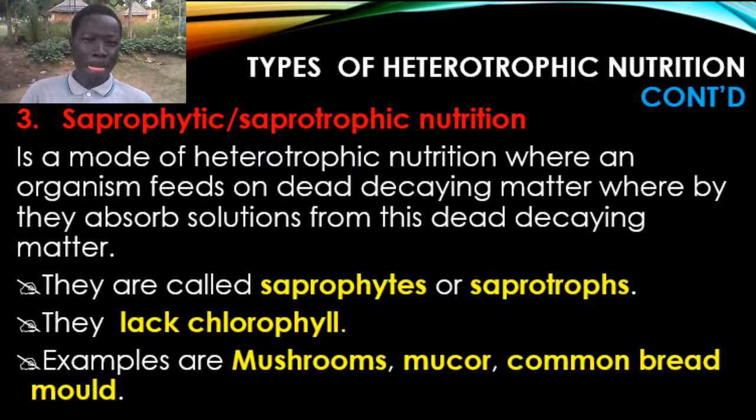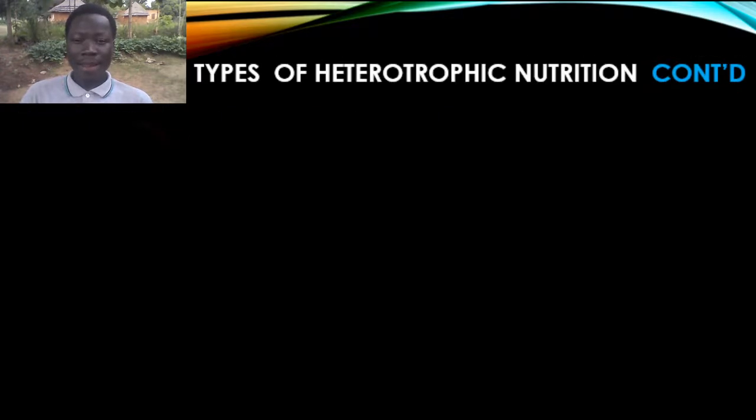They are able to grow there because that bread, if it contains water and the temperature is a little high, encourages decomposition by bacteria or other organisms, and then from there the common bread mold can also germinate. The spores germinate, and after they have germinated, they grow up. They feed. If there was no food there, they couldn't grow there. That's how they are able to survive in that environment.